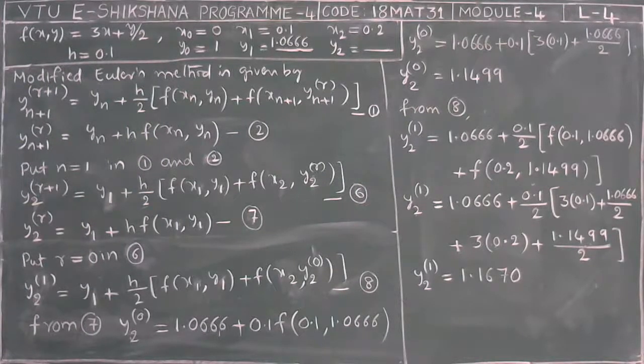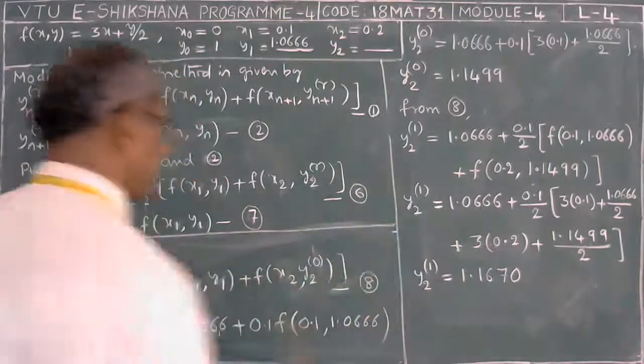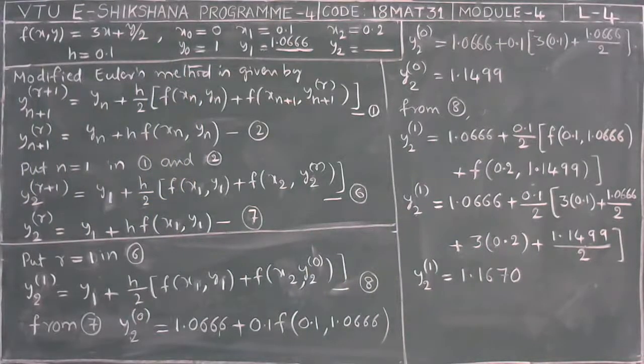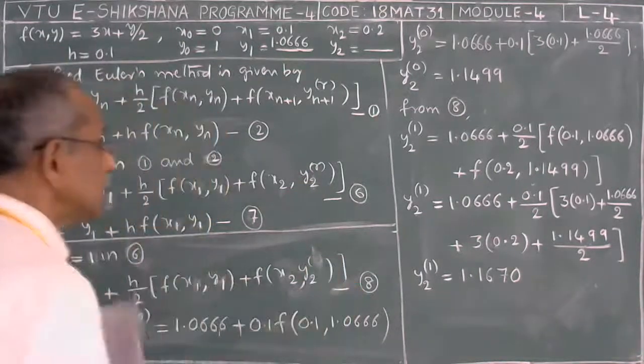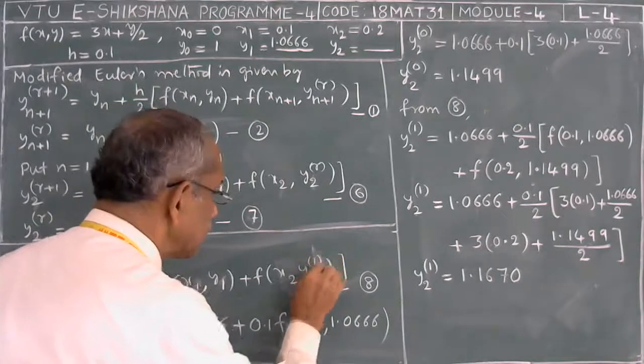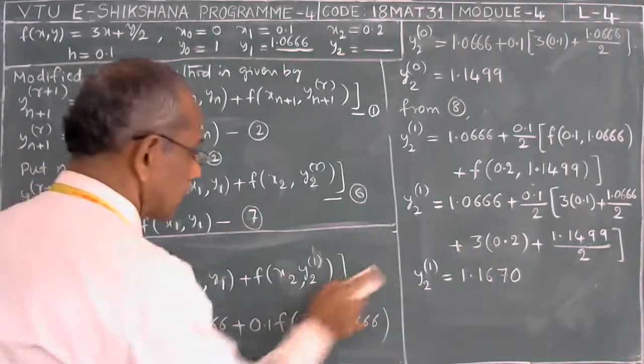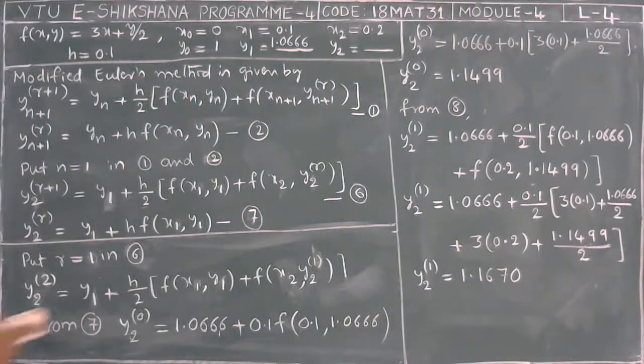Okay. Next, put r is equal to 1 in 6 to find the second iteration. So I am changing only r. So r plus 1 becomes y2 2, and r is here only, nowhere else. So you get y2 1.